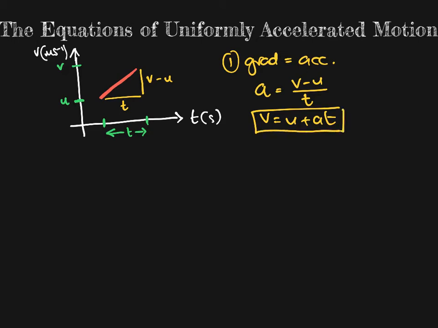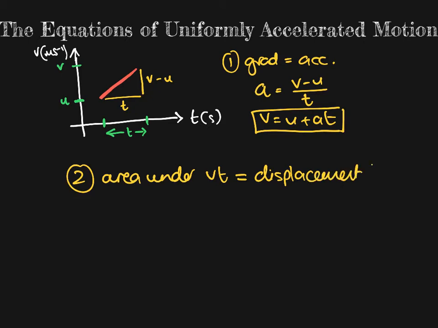The second equation comes from the fact that the area under the VT graph, or between the VT graph and the time axis, represents the displacement of the particle, and we use the letter s for displacement. So the area under here is a trapezium, and the area of a trapezium is given by the sum of the parallel sides.